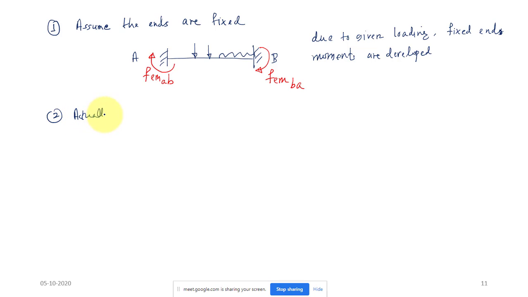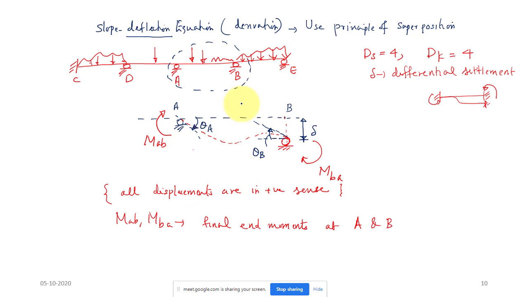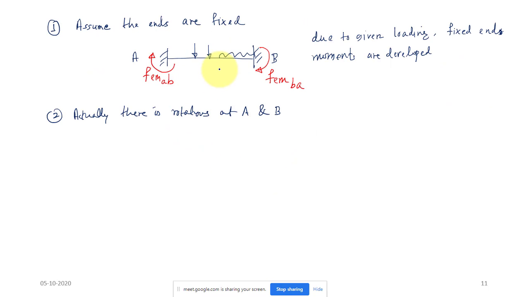In the actual structure I have considered there are rotations at A and B. You have to see this is the assumed condition of your structure. So there is rotation at A and B. This is not the case. So what you will do is we'll apply rotation.